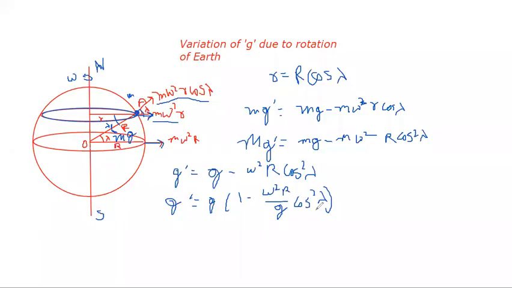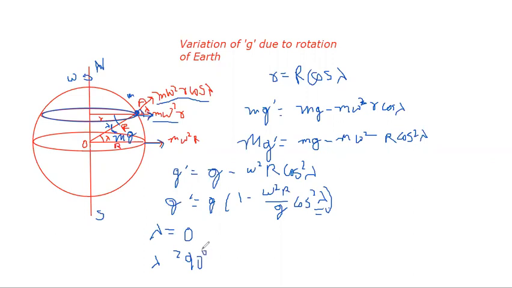So what happens at the equator? At the equator, lambda is equal to 0. So cos square lambda is 1. So g dash is g into 1 minus omega square R by g. And at poles, lambda is equal to 90 degree.